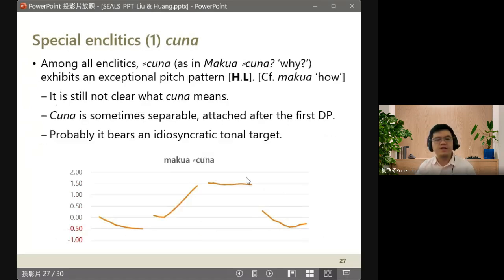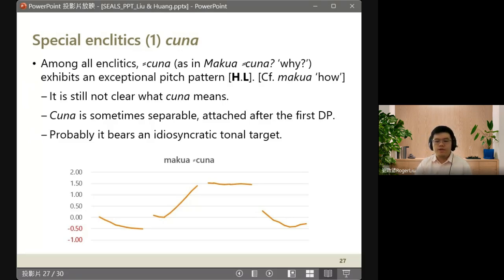And among the enclitics, there is one which is probably exceptional, like magua zuna; the zuna exhibits an exceptional pitch pattern like a high plus low pitch. It is still not clear what zuna means. It is sometimes separable, and probably it bears an idiosyncratic tonal target.